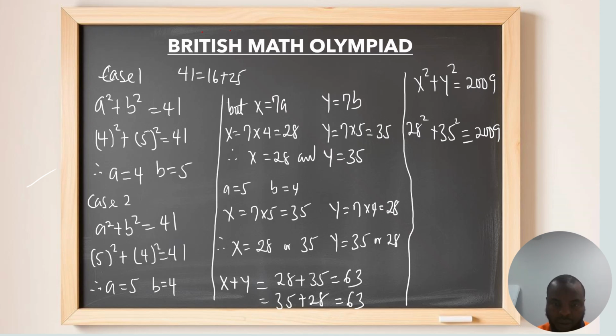We are not considering the real set of values, so we limit it just to the integers. So x can be 28 or 35, and y can also be 35 or 28. Either way, you're going to have the same thing. This is for case 1, whereby x can be 28 and y is 35. And if you twist it, where x is 35 squared and y is 28 squared, you're still going to get the same thing.